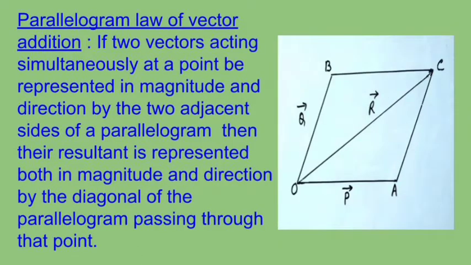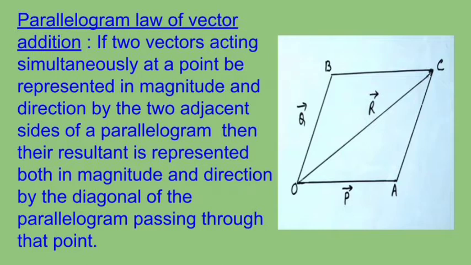Another law is the parallelogram law of vector addition. If two vectors acting simultaneously at a point are represented in magnitude and direction by the two adjacent sides of a parallelogram, then their resultant is represented both in magnitude and direction by the diagonal of the parallelogram passing through that point.